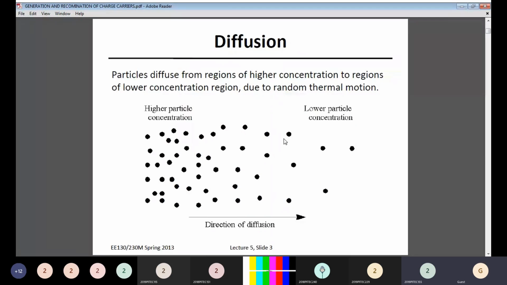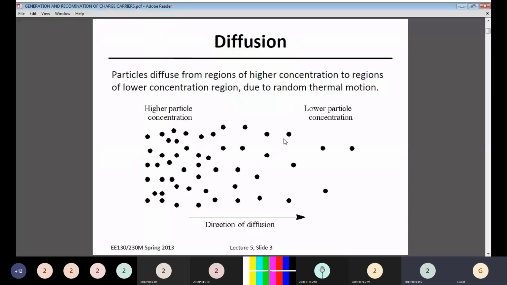First, we are going to look at diffusion. The particles are diffused from regions of higher concentration to regions of lower concentration due to random thermal motion. In the last class we saw the PN junction diode. When the diode is in forward bias condition, the positive terminal of the battery is connected to the anode terminal of the diode, and the negative terminal of the battery is connected to the cathode terminal of the diode.